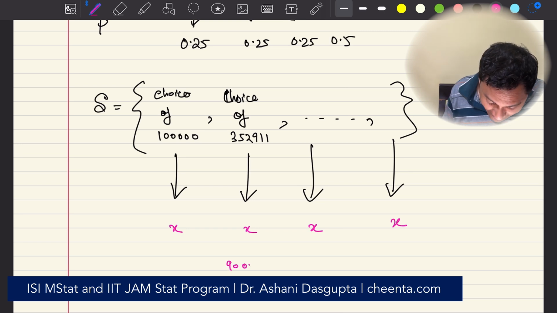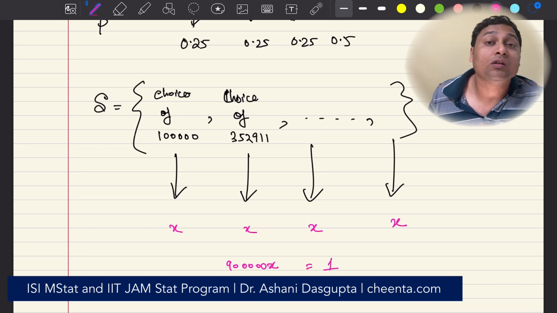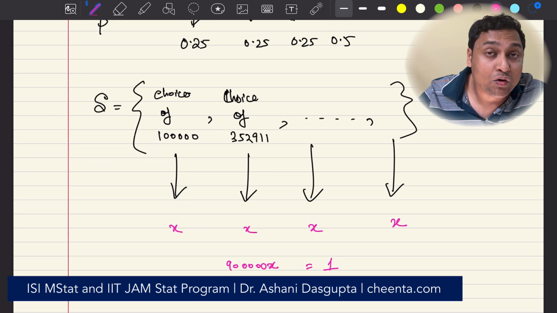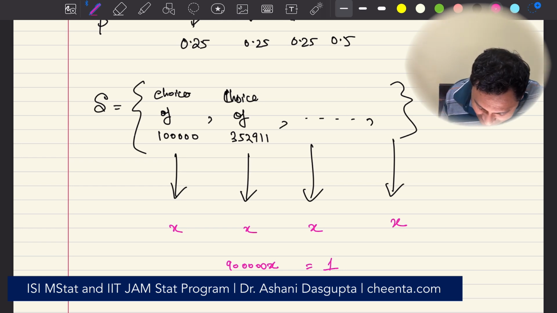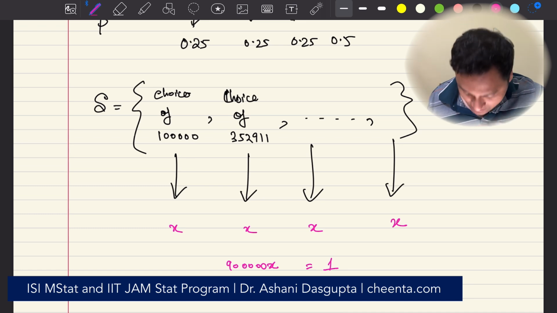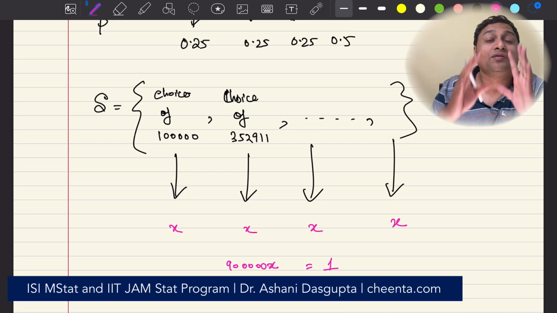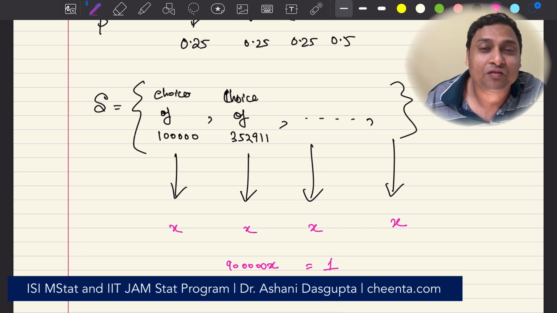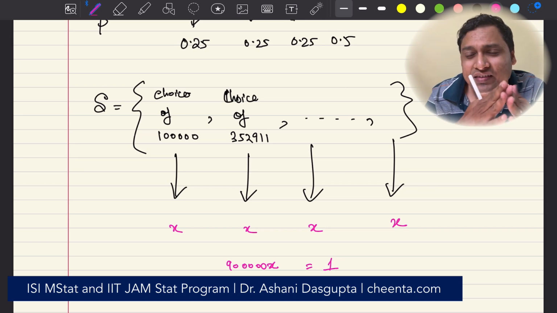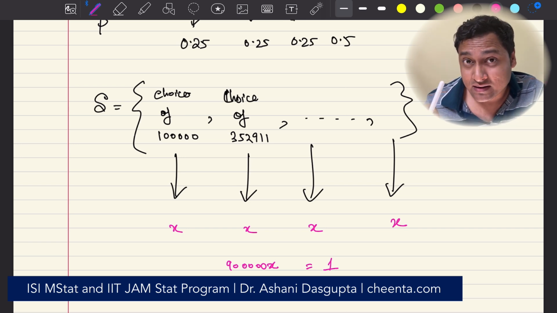So if you add them up, you will get 900,000 X. And we know that if we add all the probabilities, all the output values, I should get 1, right? So X is 1 by 900,000. Colloquially speaking, that's the probability of each outcome. But I hope you understand at the conceptual level what's happening, right?